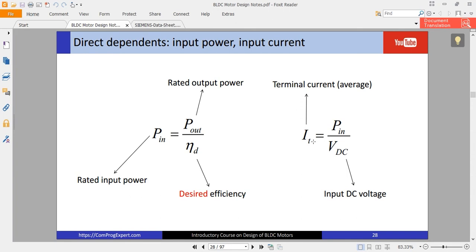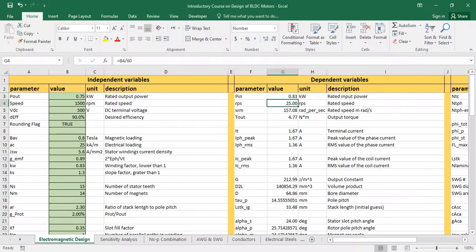Okay, the average value of terminal current is input power divided by input DC voltage. And input DC voltage is a fixed independent variable. We calculated the input power, so I can calculate the average terminal current. I implemented this equation here. For this case, if I consider 90% efficiency, the terminal current is 1.7.